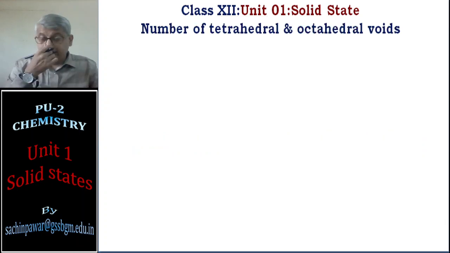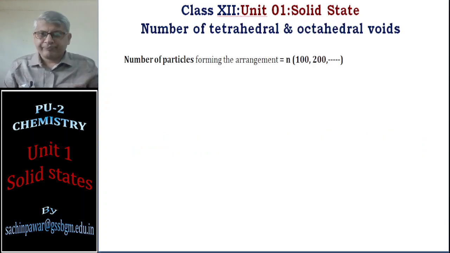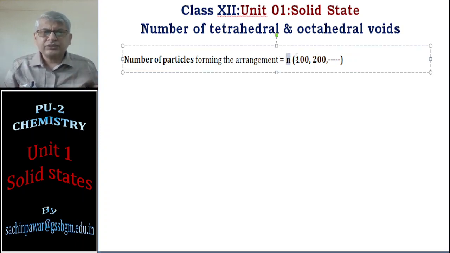Okay. So the formula: if we have a crystal lattice and suppose n number of particles are forming that crystal lattice. Particles mean spheres. So there are n spheres which are packed together. N may be any number, it may be 100, 200, 1000, Avogadro number and so on.